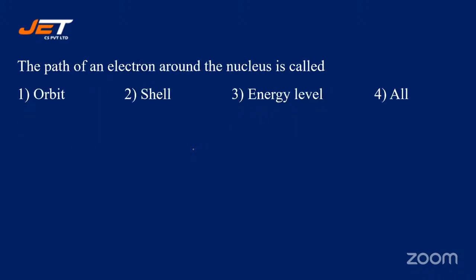Next question. The path of an electron around the nucleus is called, and your options are number one, orbit, option number two, shell, option number three, energy level, or is it option number four, all?